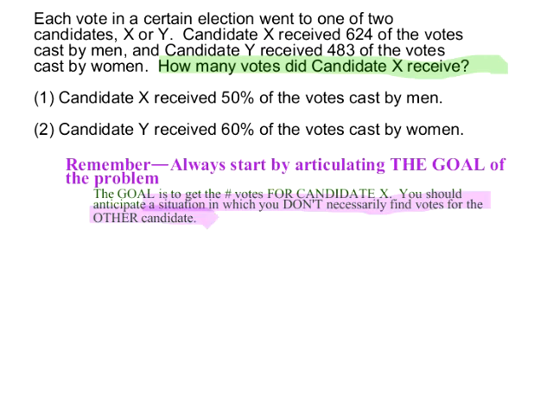This is not an accident; they make problems like this. They're making problems that will nail people who are not focused. Because if someone reads this problem and thinks, I need to find the votes for X and the votes for Y, then they want those people to get the problem wrong.